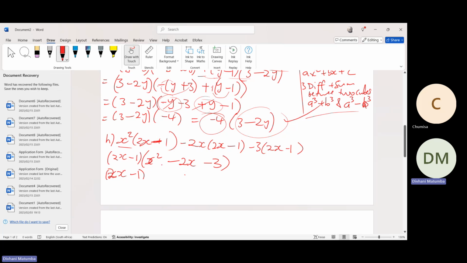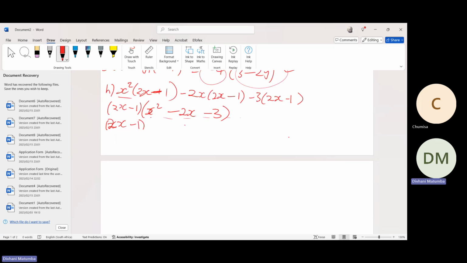So now how do we factorize this trinomial, using the notes I gave you last time? How do we go about it? Where do we start? You're going to have to list the factors of the two extremes.